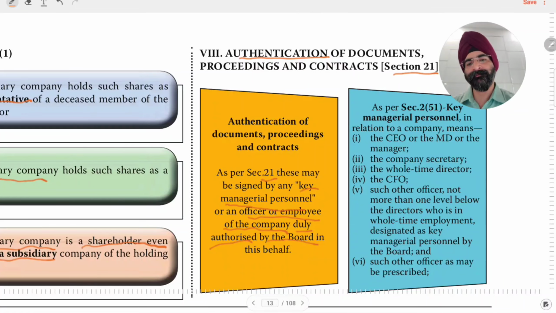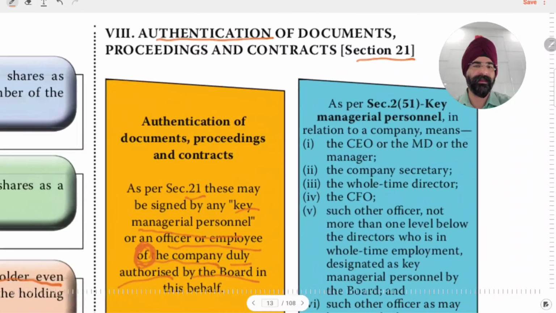Officer of the company is an important term. So, KMPs or officers or employees of the company can be authorized, but at times we authorize an outsider for certain activities, and they cannot be authorized to authenticate documents of the company. This is important to remember.